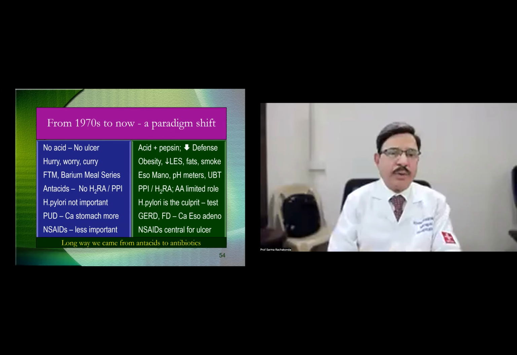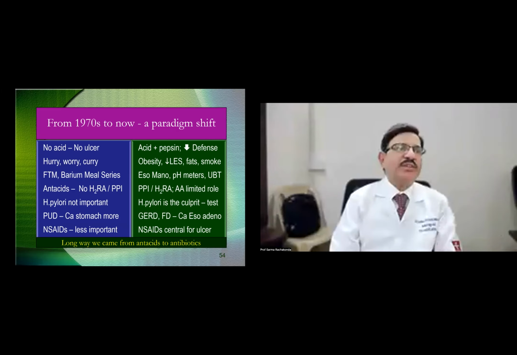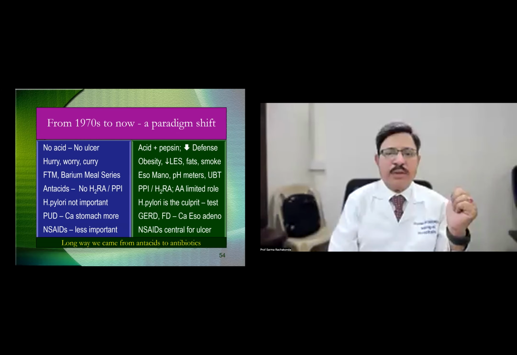Now peptic ulcer disease is replaced by GERD, functional dyspepsia, carcinoma of the esophagus, adenocarcinoma, Barrett's esophagus, and all those.